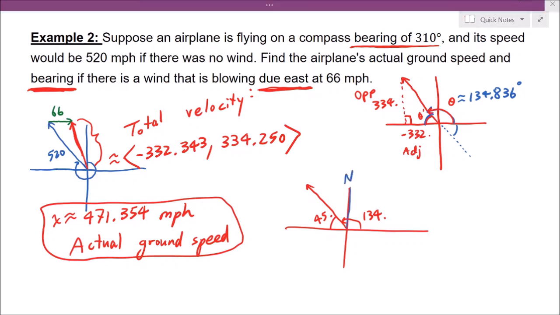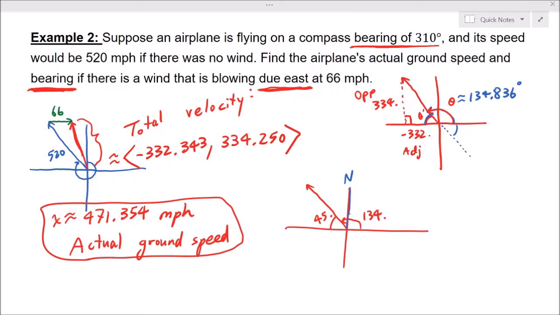Starting at 0 degrees north and going clockwise, we go 90, 180, 270, and then we go a little bit more to get to our vector, right? So actually, yeah, that 45 does help because it's 90, 180, 270 plus that 45 part. And so as a bearing, we get around 270 plus that 45 part is 315.164 degrees approximately. So there it is. That's what we were looking for.